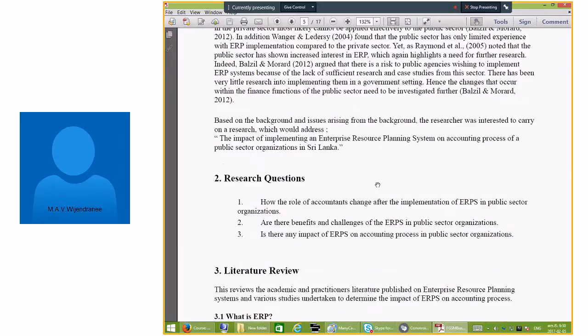To study this issue, I have selected the case analysis method. Purposive sampling is used to select a research site. A single case organization is selected, and accordingly the research site is Ceylon Petroleum Corporation.